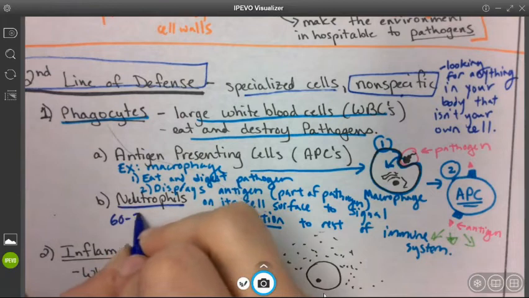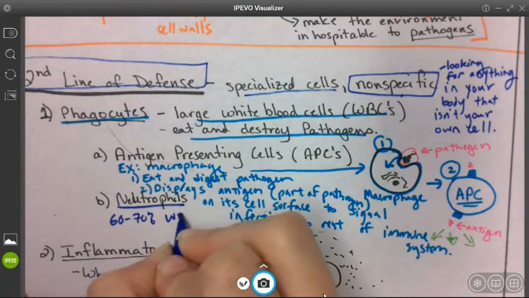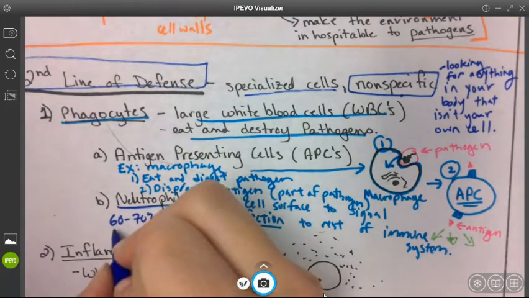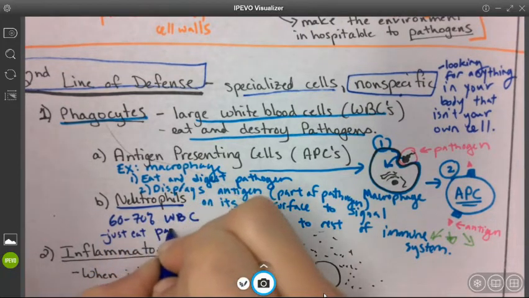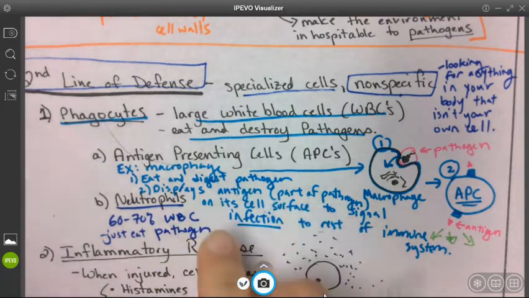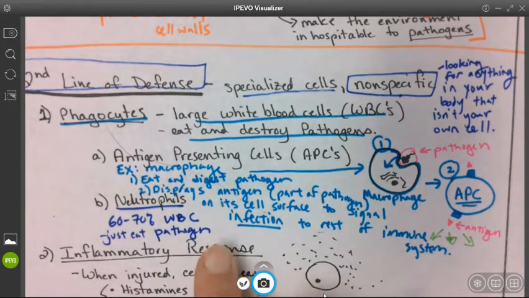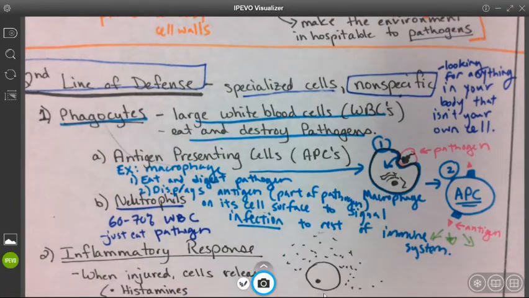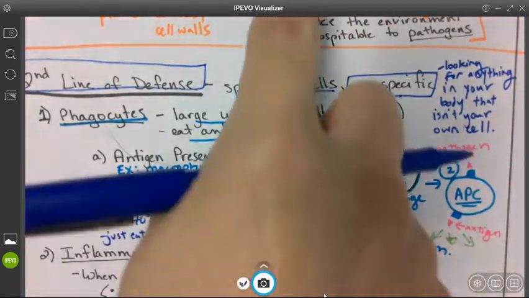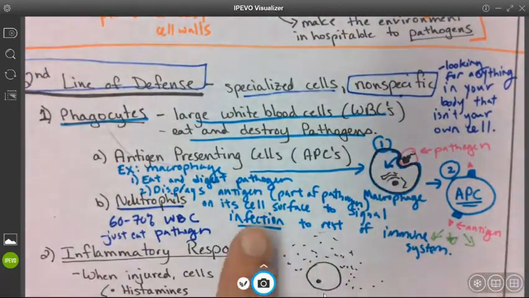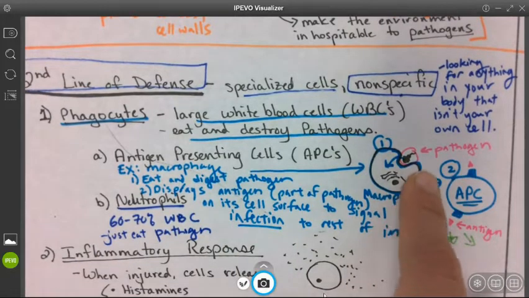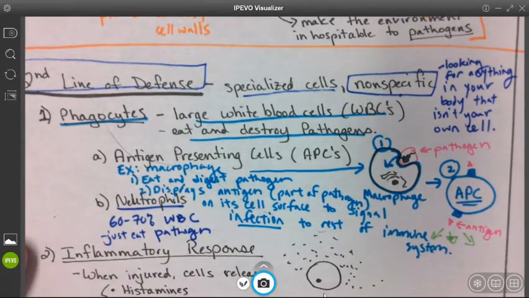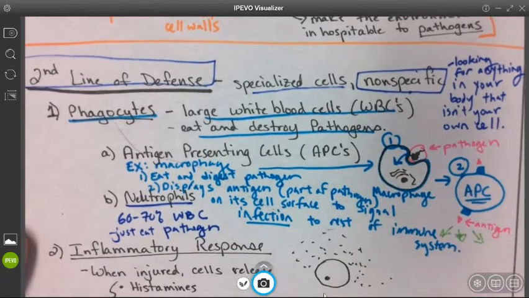Like 60 to 70% of the white blood cells are neutrophils, and they just eat the pathogen. So they destroy it so it can't cause any more infection. So the second line of defense, once that bacteria or virus gets into your body, are these phagocytes. These phagocytes are eating the pathogen and destroying it, or destroying it and presenting it on their cell surface.